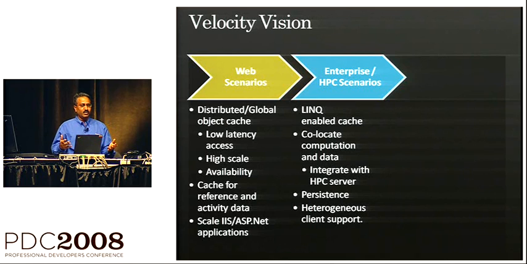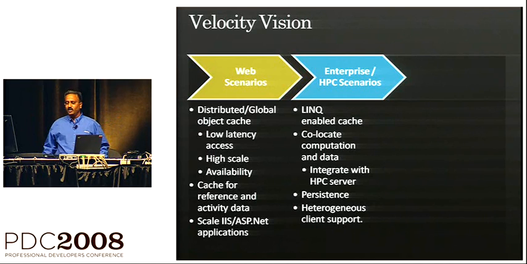Can I run LINQ queries on those things? Can I co-locate computation close to the data? You have the cache tier, and then you have app logic, business logic running in some other tier. But sometimes, for performance reasons, you want to put your business logic close to the data. Very similar to what you do with stored procs in databases.